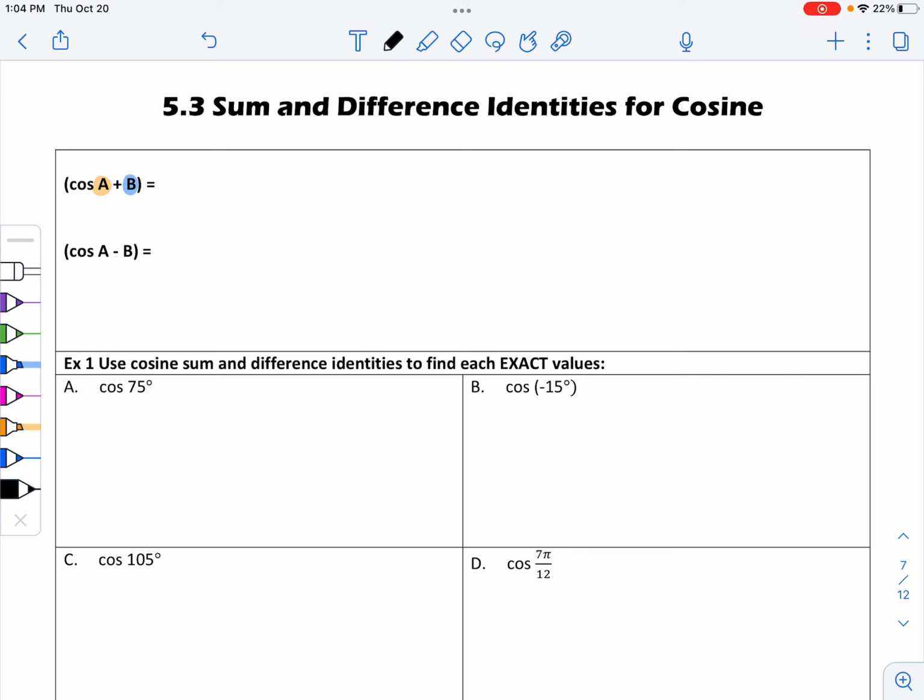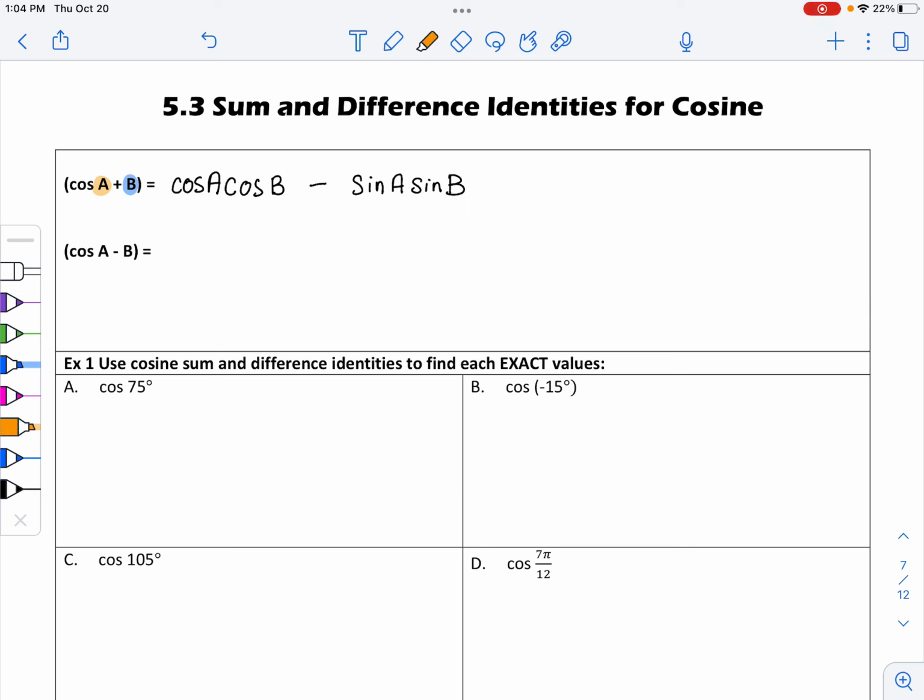The cosine of angle A plus angle B is equivalent to the cosine of angle A multiplied by the cosine of angle B, subtract the sine of angle A multiplied by the sine of angle B.